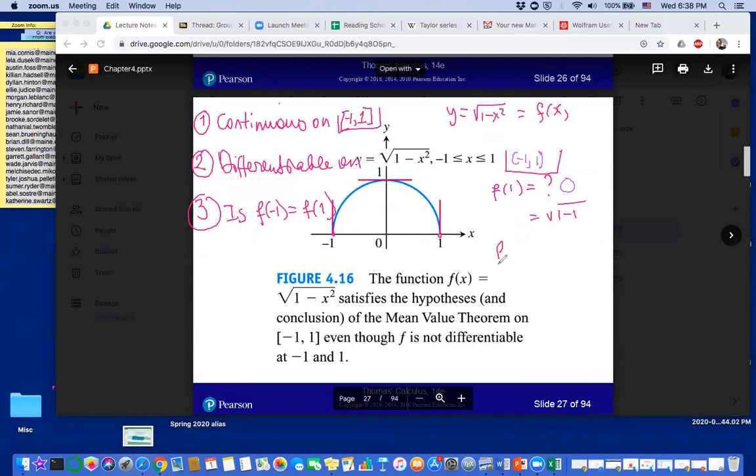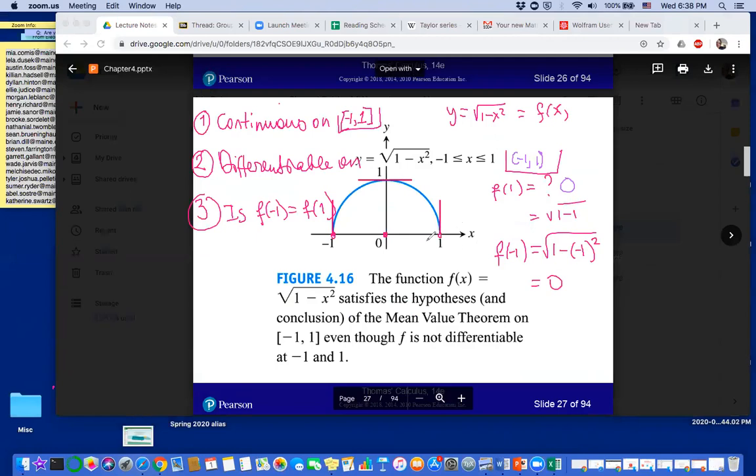What is f of -1? Well, it's also square root of 1 minus, let me write it out in longhand, -1 squared. -1 squared is still 1. 1 minus 1 still gives me 0. These are just the y values, 0 at both endpoints.